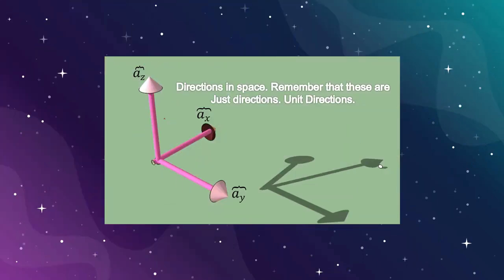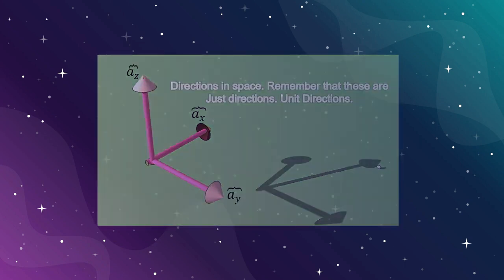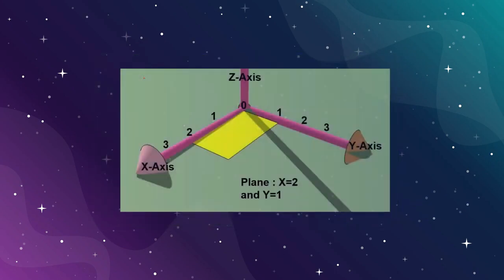About ax cap, ay cap and az cap, we have to remember that these are nothing but directions. If force is our vector, then it's all about how these forces apply their effects on given points in space. Let's imagine that two vectors are coming from two different directions and striking a point in space.